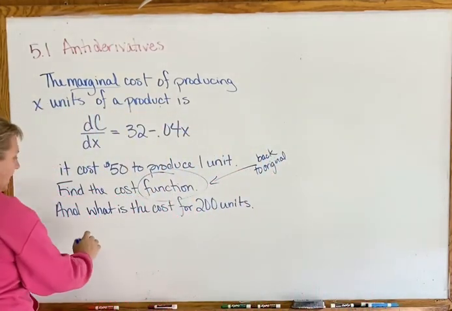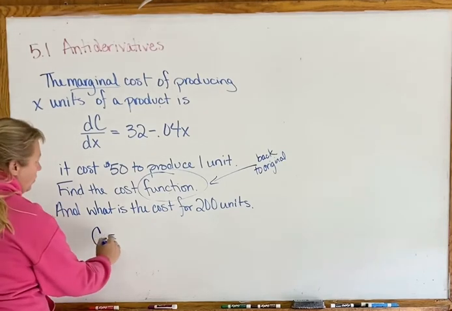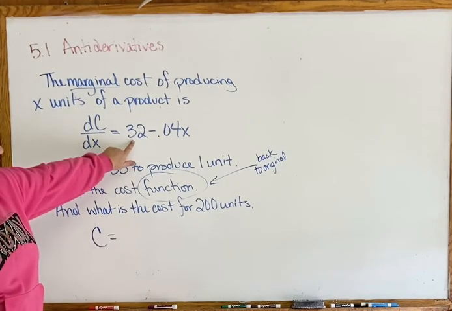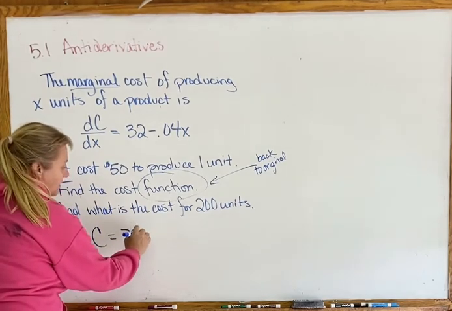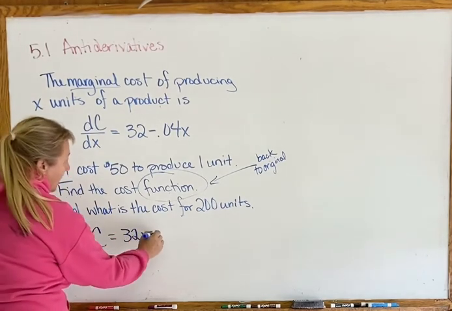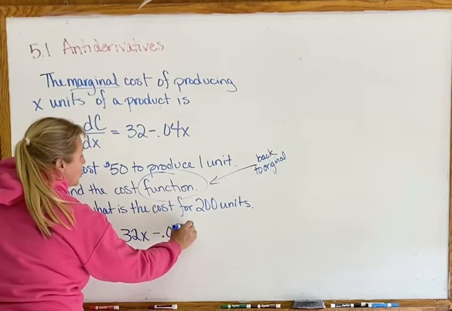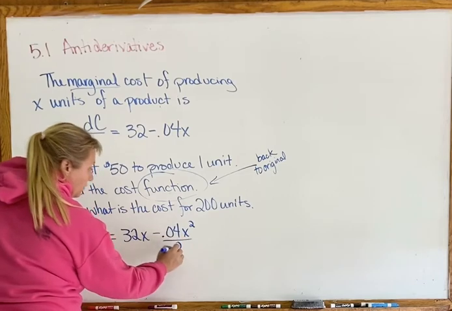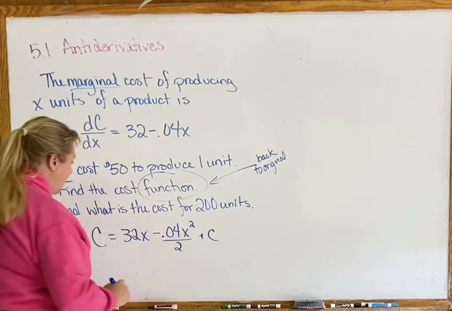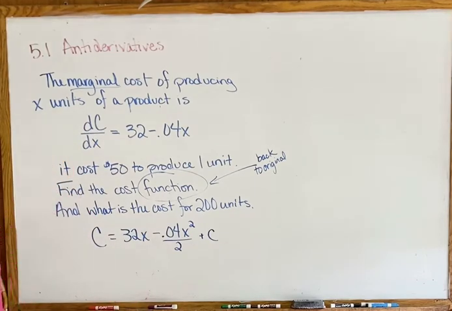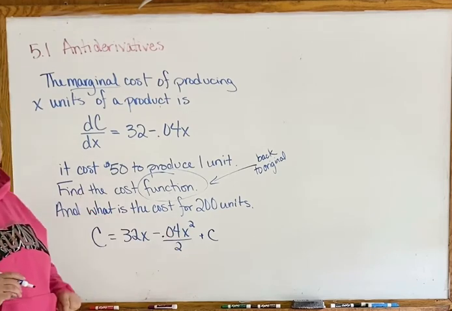So we can say then that cost should equal, all right, let's go for this. This is a constant, so we're just going to slap an x on it. So 32x minus 0.04x squared over 2. And then don't forget your plus C. Now we have an issue. That C stands for cost, and that C stands for constant.